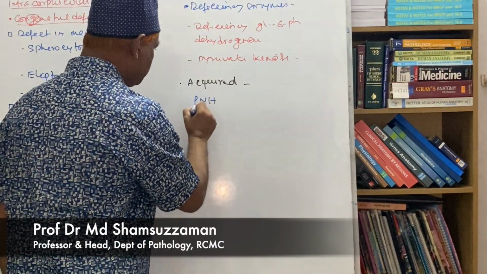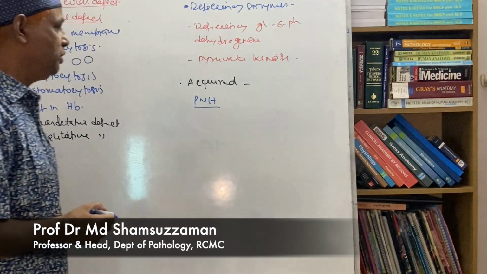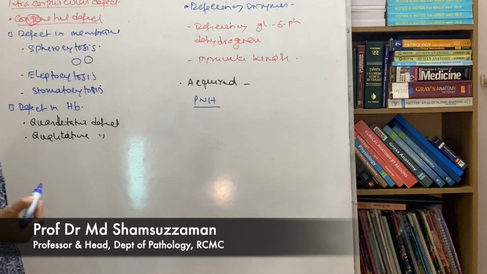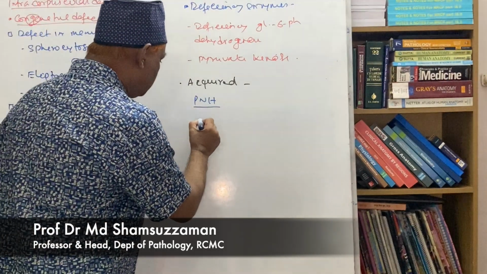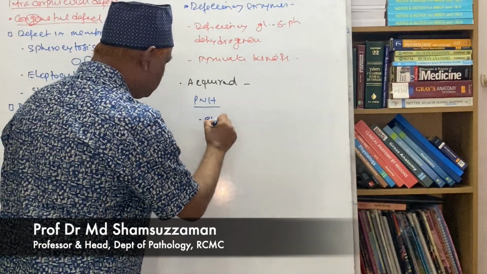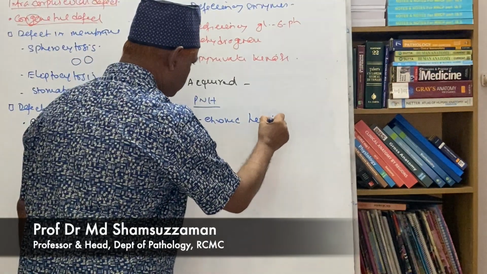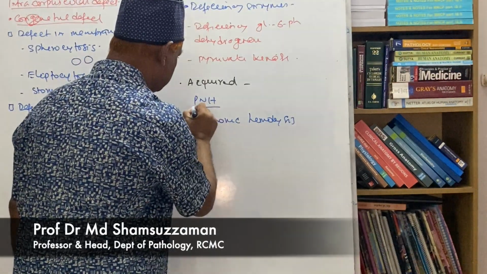Acquired may be PNH, paroxysmal nocturnal hemoglobinuria. What happens here? It is a chronic form of hemolysis.